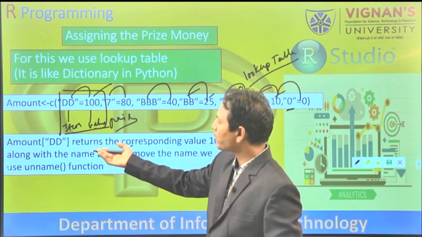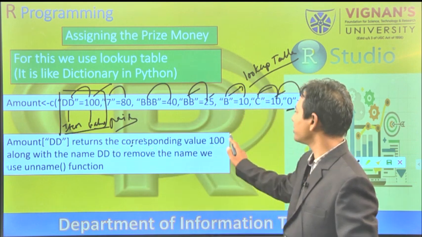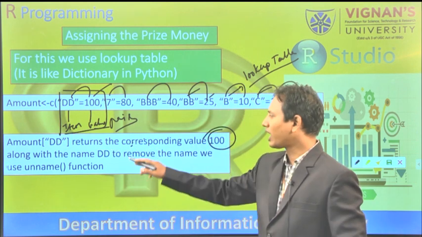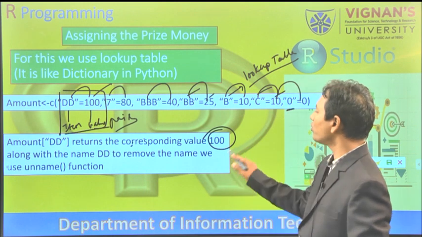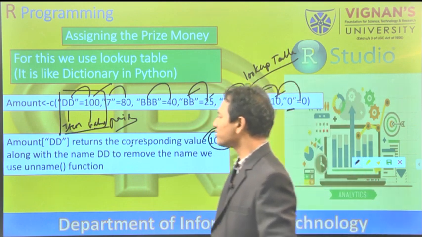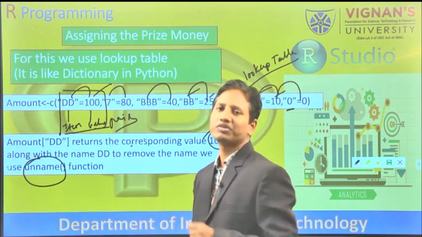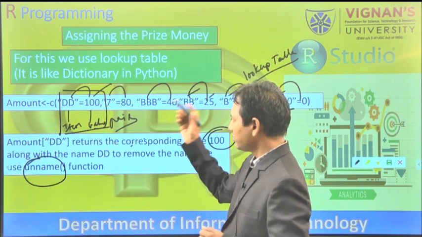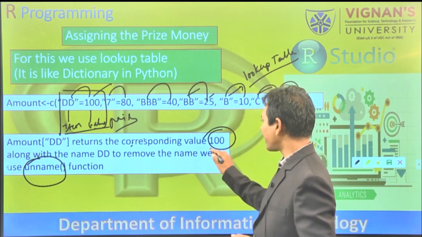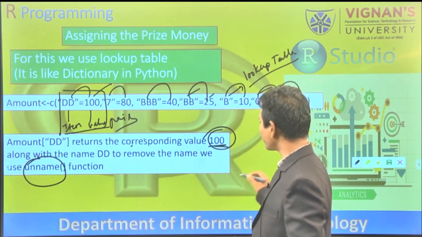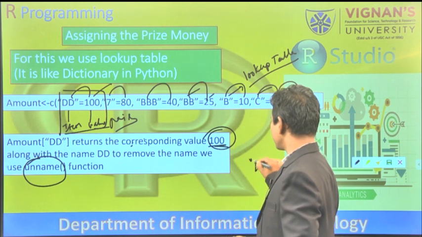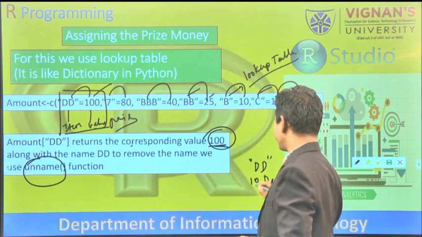See the explanation. Amount of DD returns the corresponding value 100, along with the name DD. To remove the name, we have to use the unname function. This is some extra information. When I want to access the value 100, the output I am going to get is DD 100.